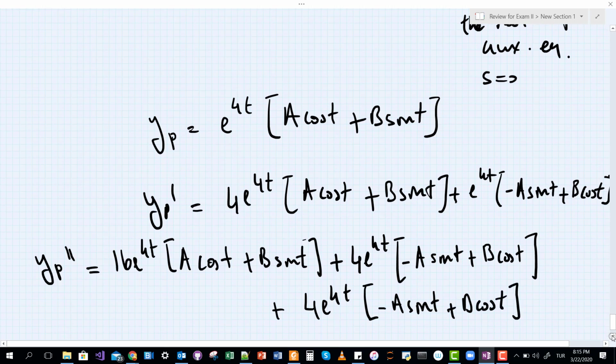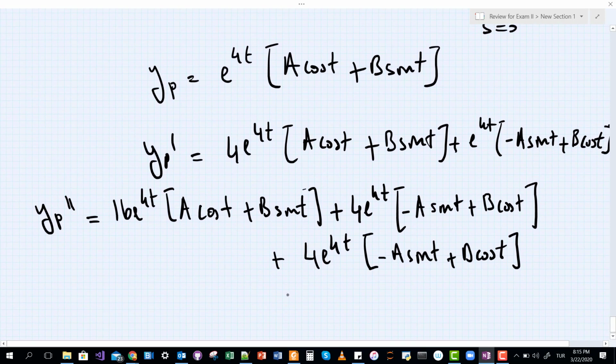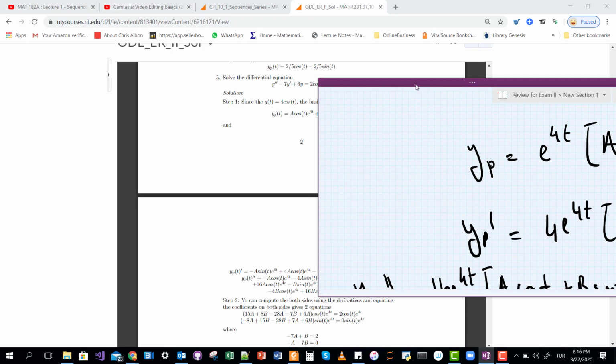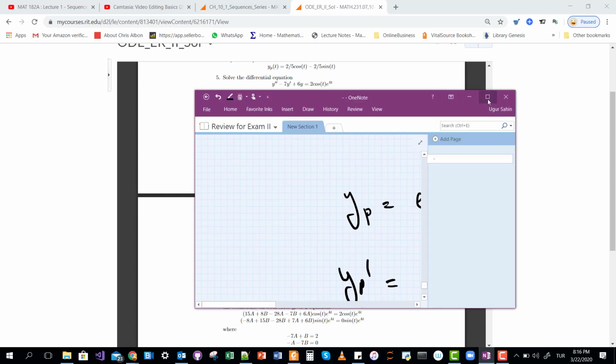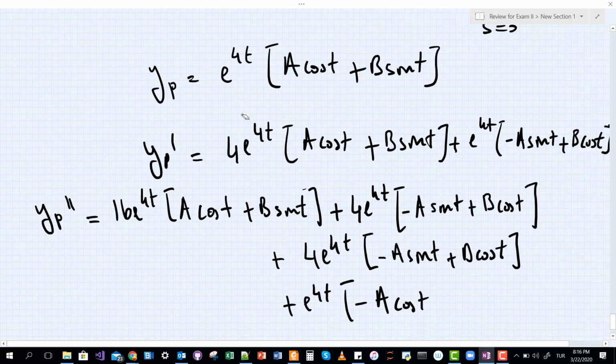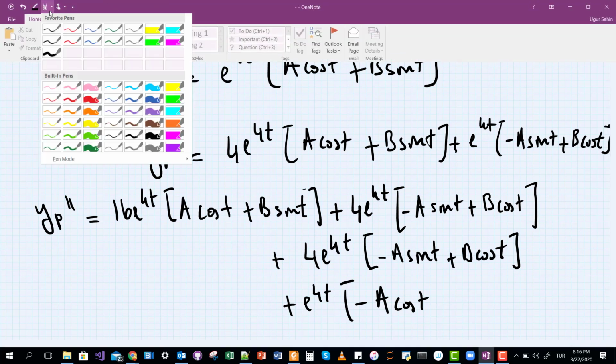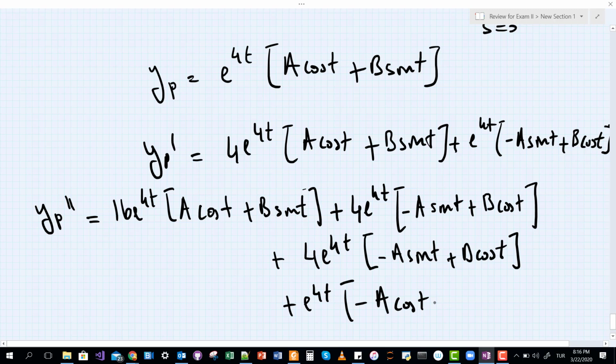And the last term is going to be the derivative of those trigonometric functions: e to the 4t times negative a cosine t, sorry, this is minus, please bear with me, minus b sine t.